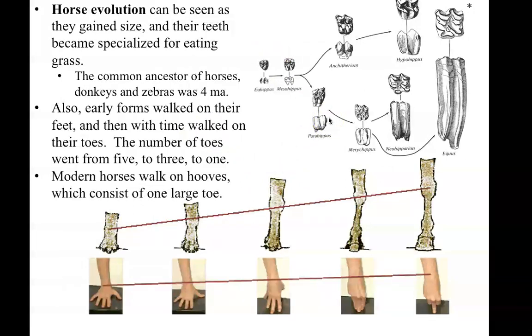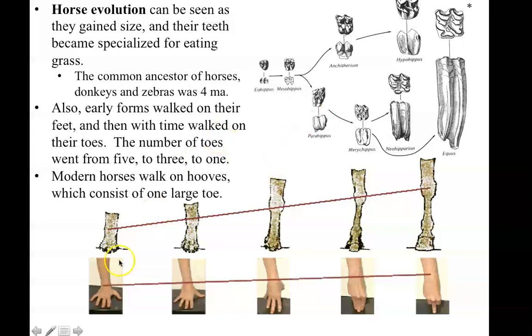So as you'll see in the next couple of slides, the earliest horses were small, so like dog size. And their teeth were better for like eating leaves and browsing. And then over time, horses got bigger and became faster, and they were able to process grass. So this happened over a period of like 50 million years.